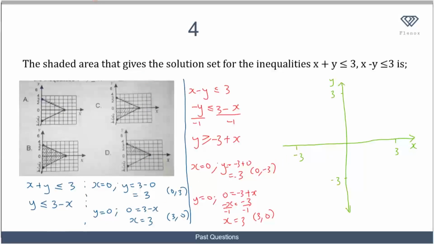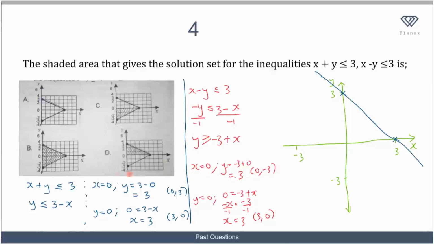So the first inequality: when x is equals to 0, y is equals to 3, we have it over here. And when x is equals to 3, y is 0. So that comes like this, a straight line down.